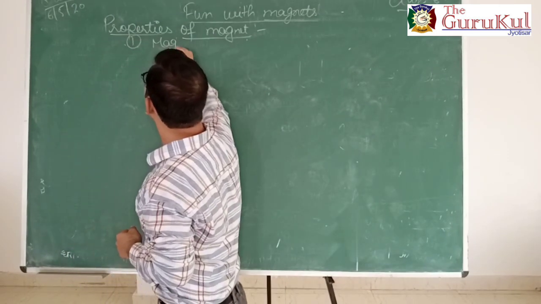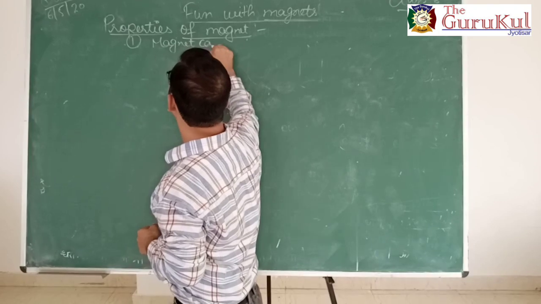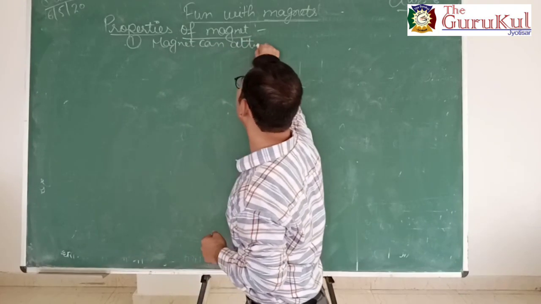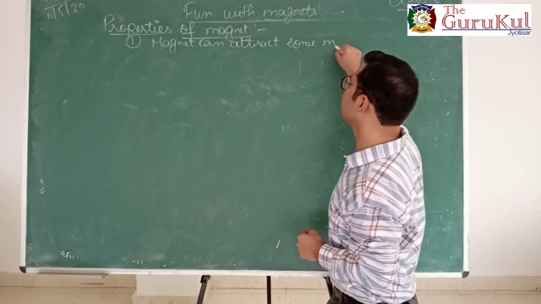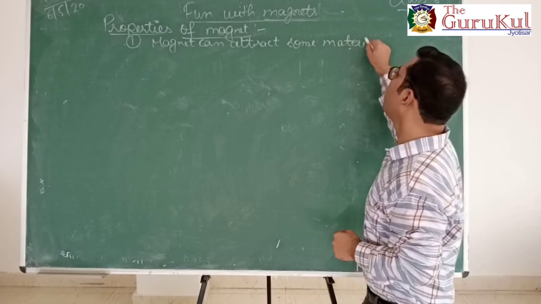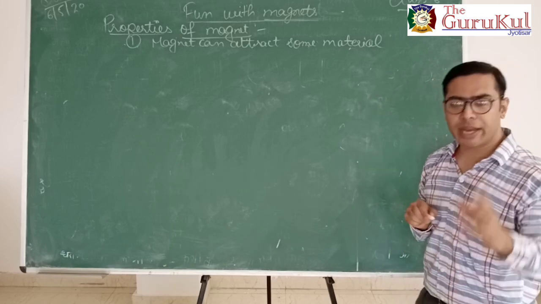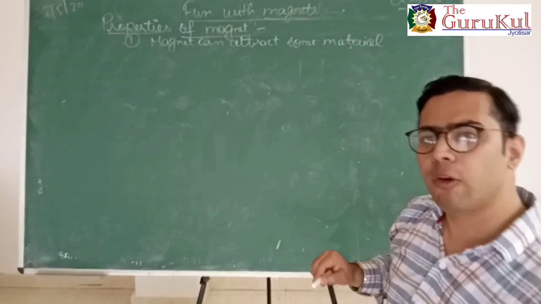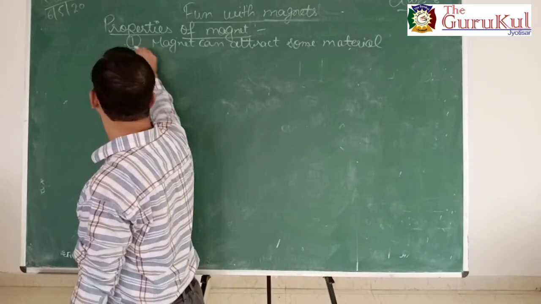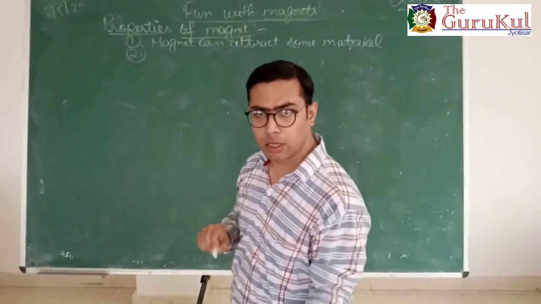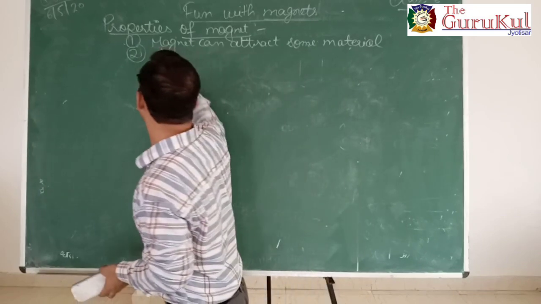A magnet can attract some materials. Like I first told you, a magnet has the property to attract some materials which are made up of iron, nickel, cobalt. Second property, which we have discussed with the terms like and unlike pole.